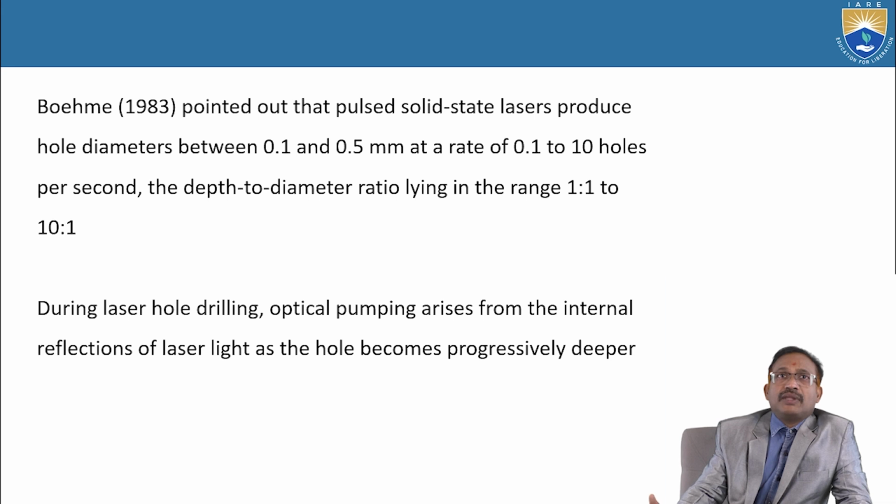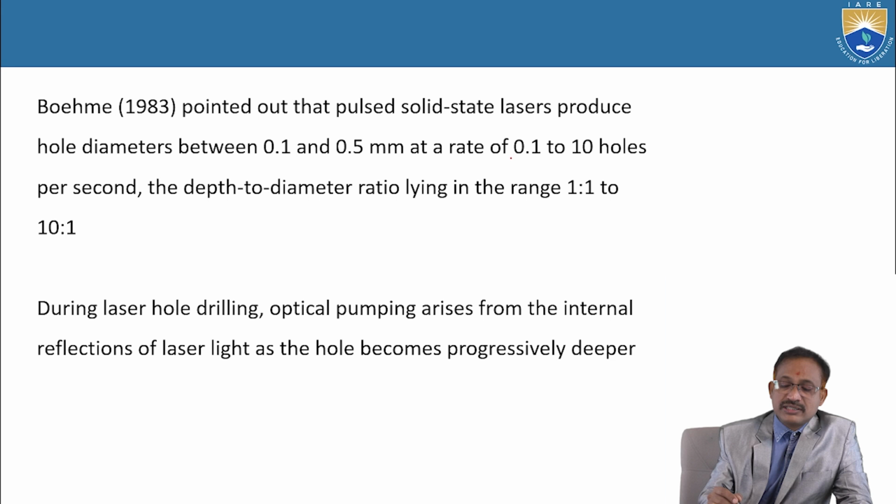Next, Bohme during 1983 pointed out that pulsed solid state lasers produce hole diameters between 0.1 and 0.5 millimeters at a rate of 0.1 to 10 holes per second. The depth to diameter ratio lies in the range 1:1 to 10:1.